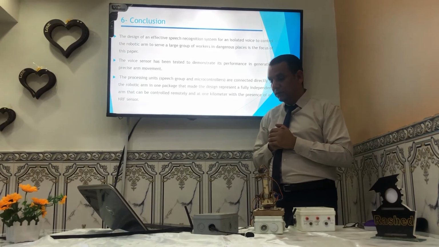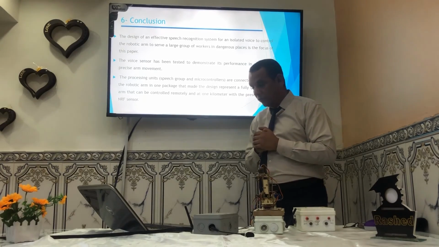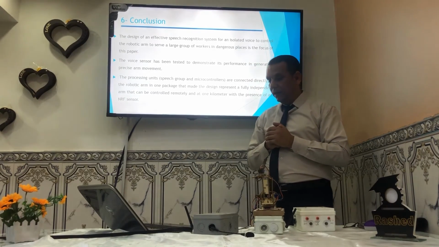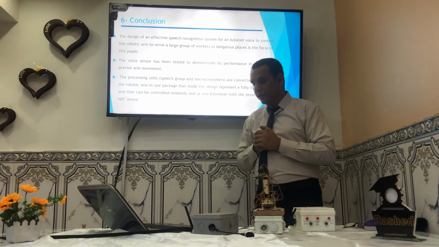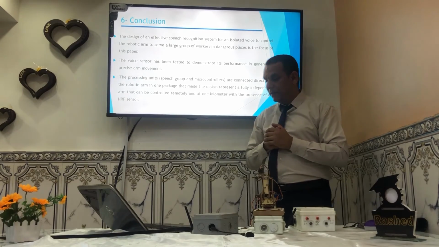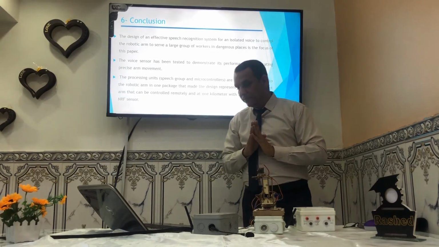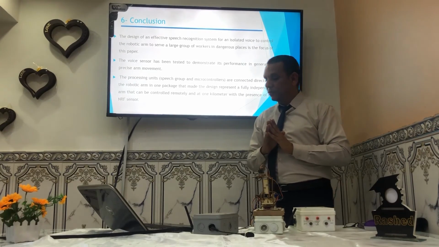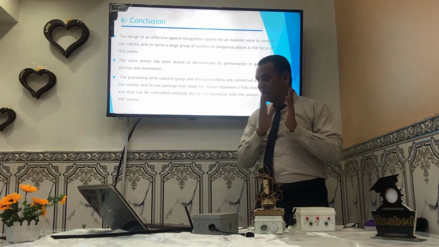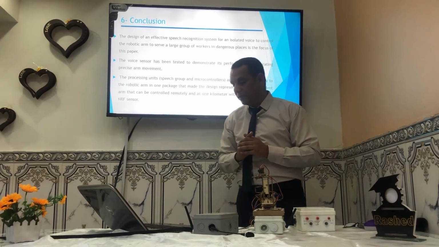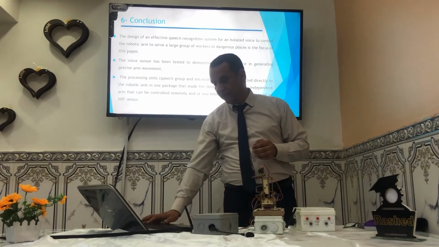The processing unit, speech recognition, and microcontroller are connected directly to the robotic arm in one package, which makes the design a fully independent arm that can be controlled remotely at 1 kilometer with the presence of an RF sensor.